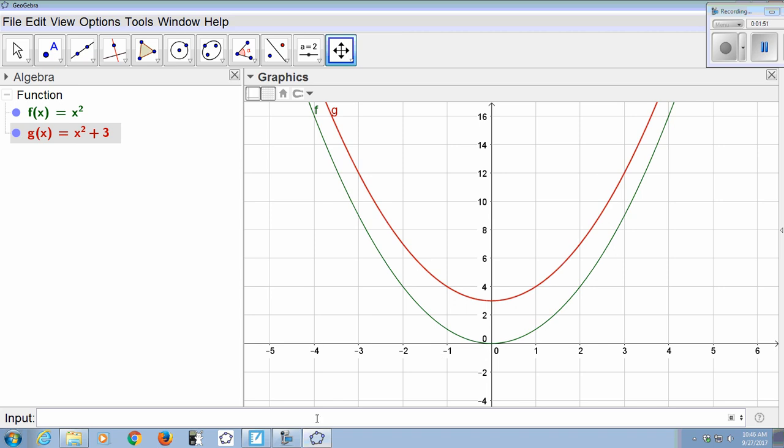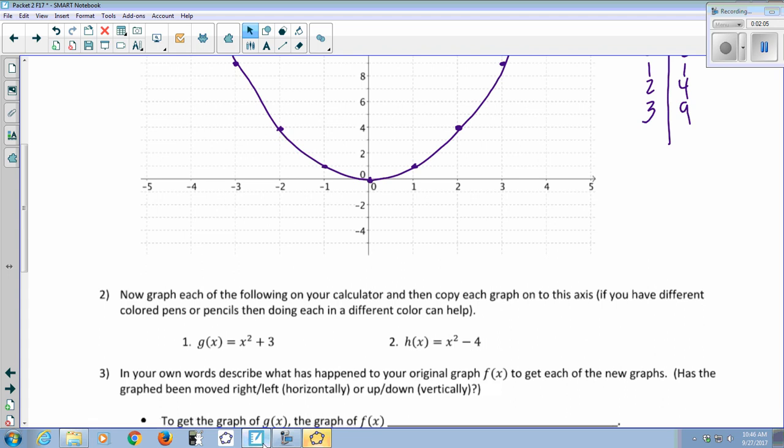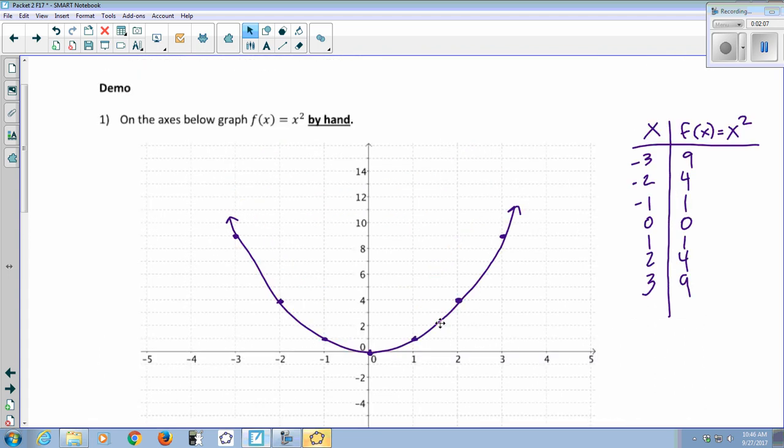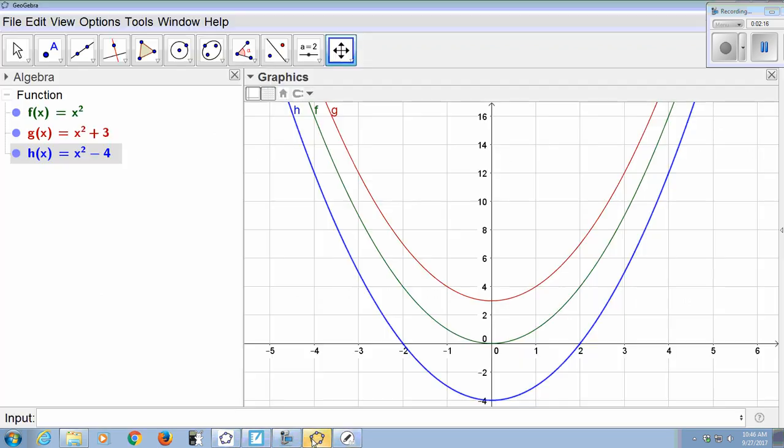So finally, I need to graph h of x equals x squared minus 4. And that looks like my original graph f, except I shifted it down. So I'm going to grab this and put it in here.